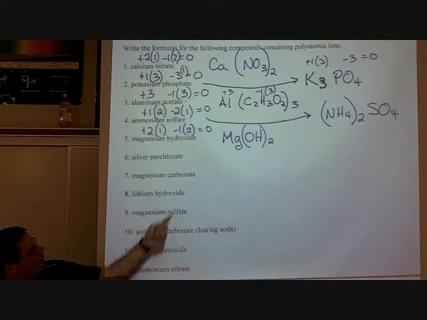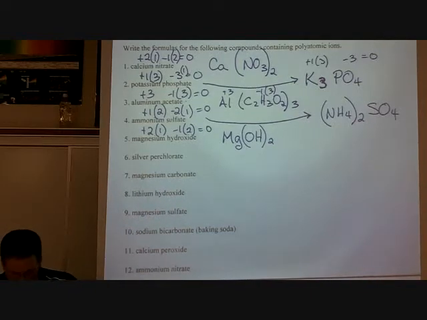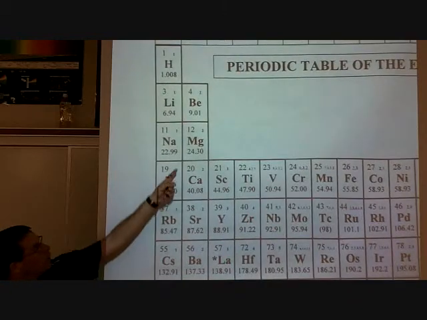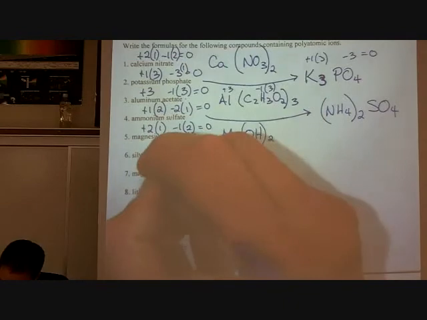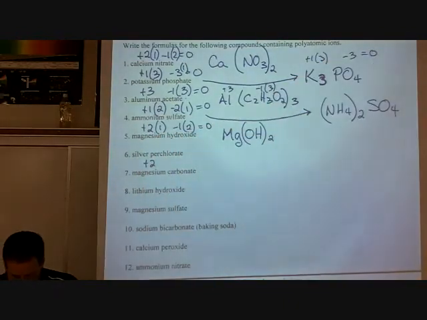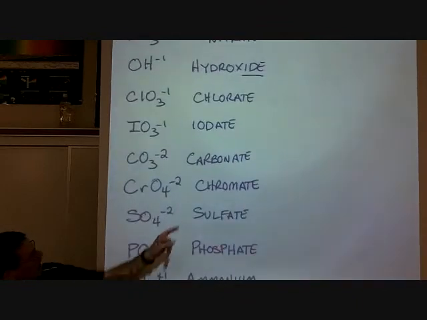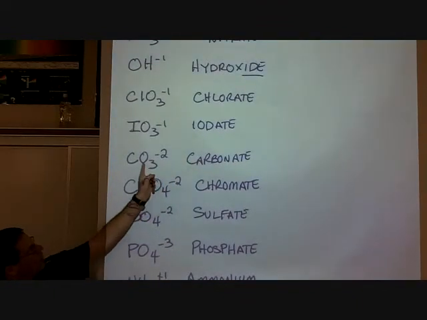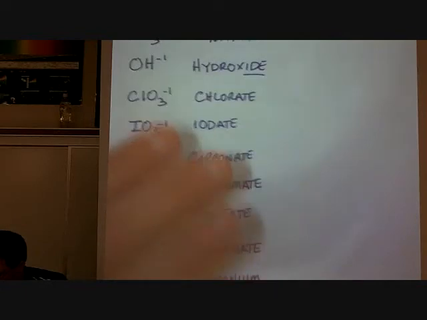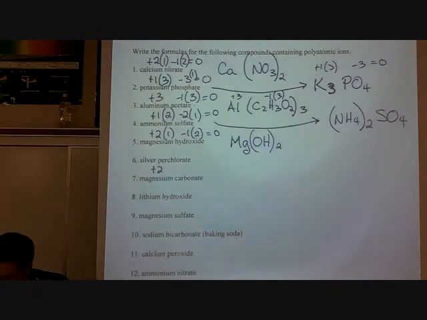Let's go to number 7, the magnesium carbonate. Okay, so again, magnesium +2 charge, so magnesium has a +2. And then carbonate is our CO3 with a -2 charge, so carbonate has a -2 charge on it.